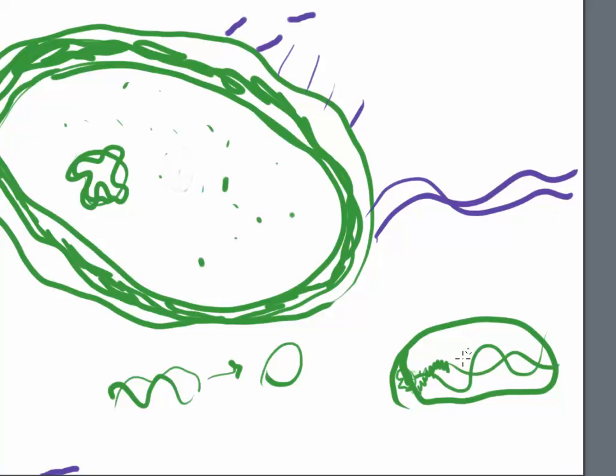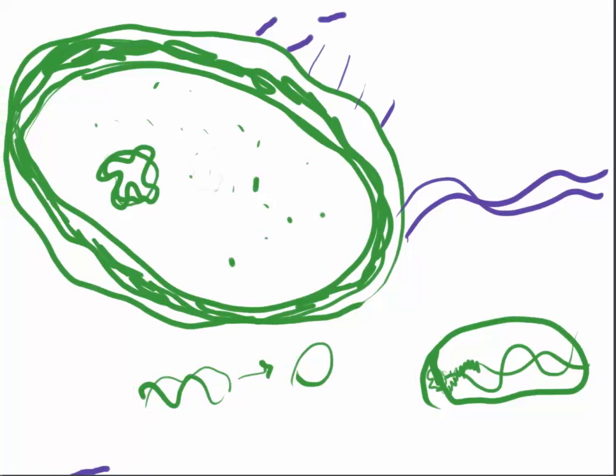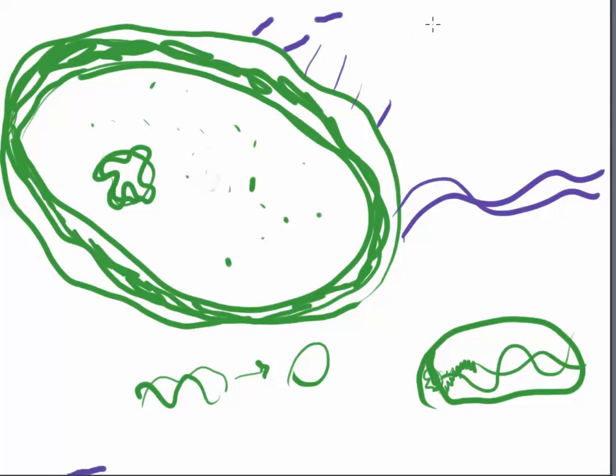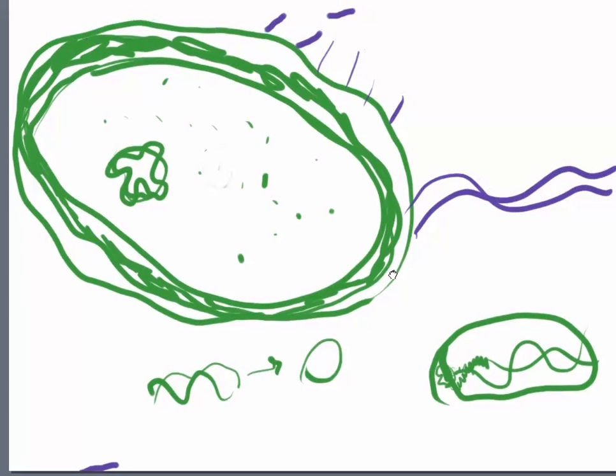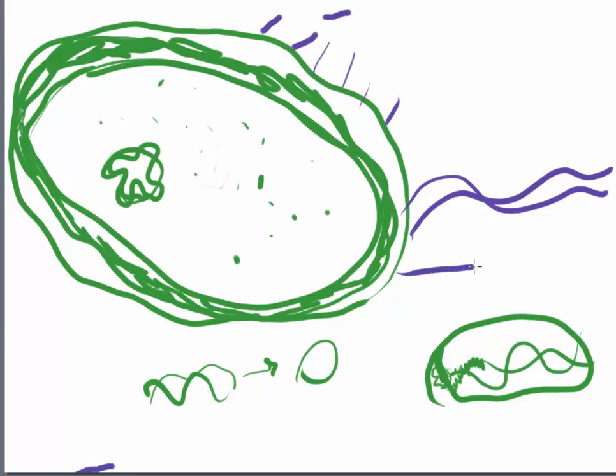Another option that you may find on the outside of your bacteria are pili, or pilus for singular. Pili are a way to communicate between two cells. Pili are basically like big hollow tubes.